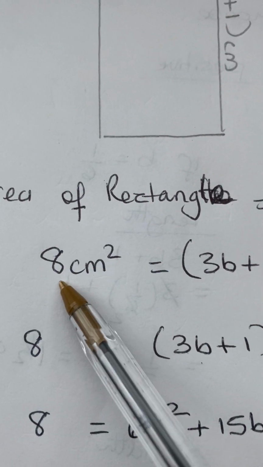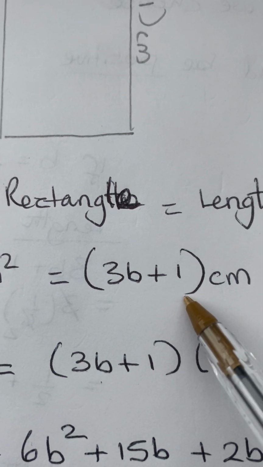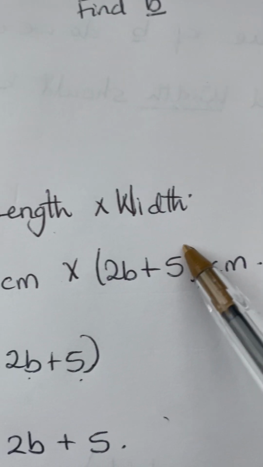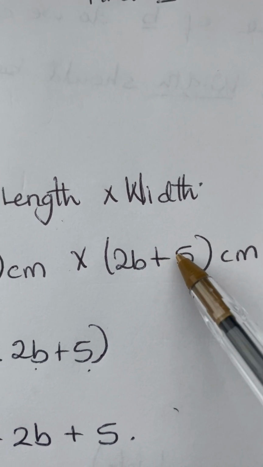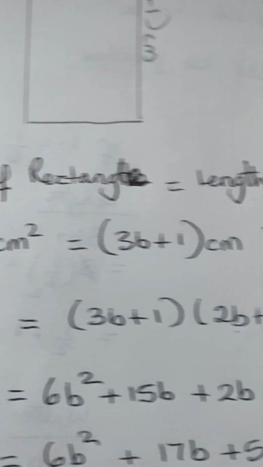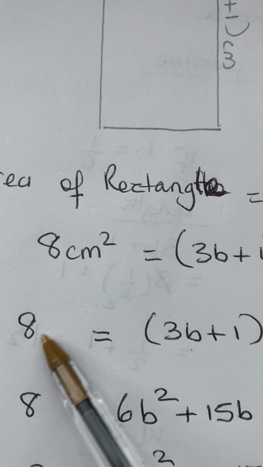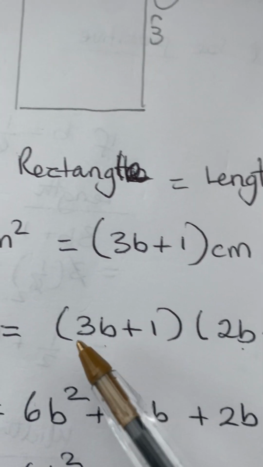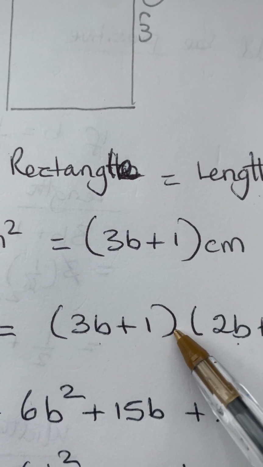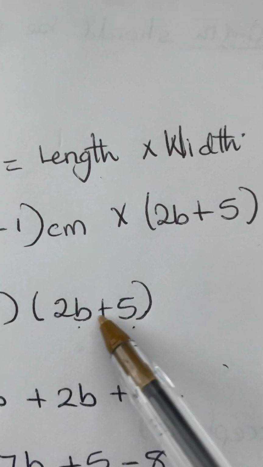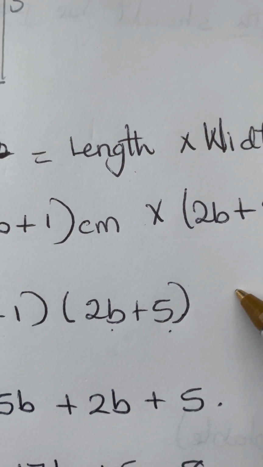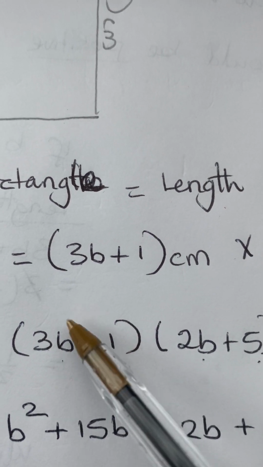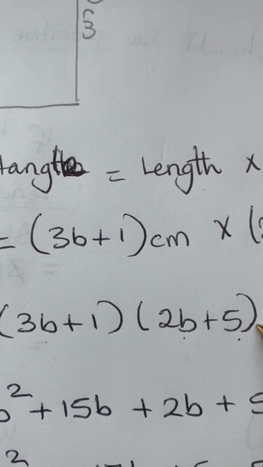So we know the area, we know the length in terms of b, and we know the width in terms of b. So 8 centimeters squared, which is the area, will be (3b plus 1)(2b plus 5). Here we are just equating the area to the length and the width.